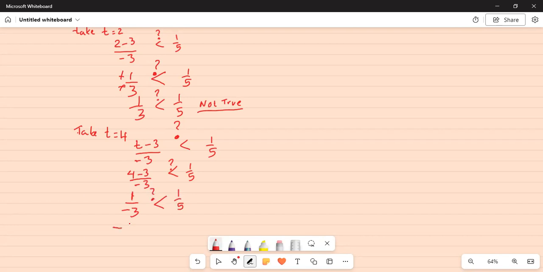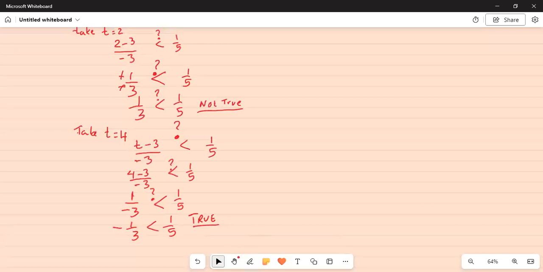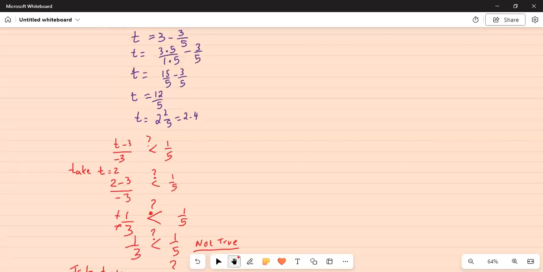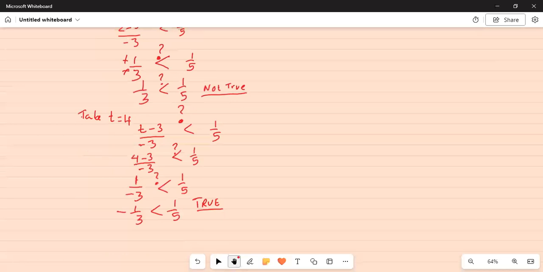So this is minus 1/3. It's on the left of 0, whereas 1/5 is on the right of 0. So 1/5 is greater, so this is true. Remember, we solved for t is equal to 2.4.